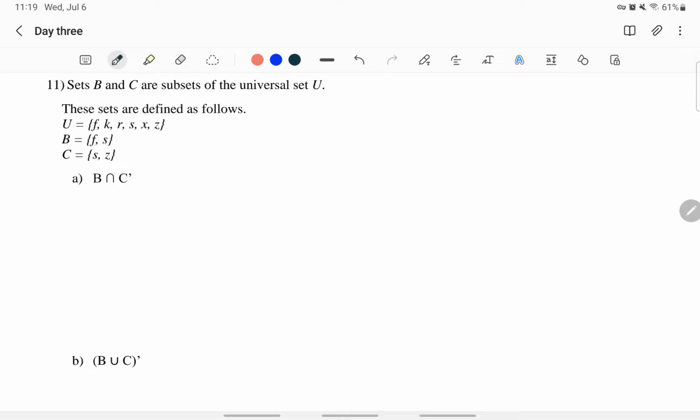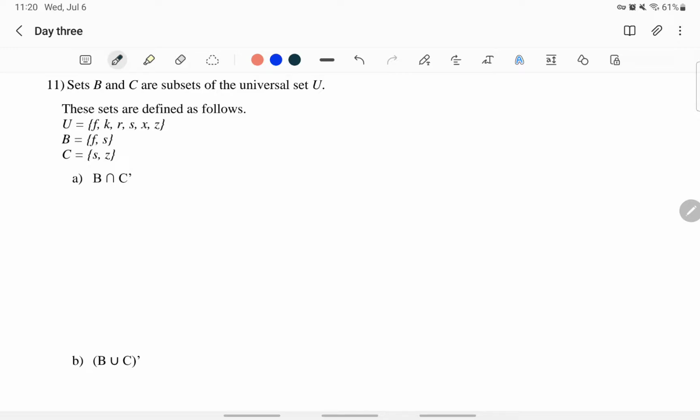The universal set is defined as the set of F, K, R, S, X, and Z. Subset B is defined as F and S, and set C is defined as the set of S and Z. For the first part, we want to find the intersection between B and C complement. And then part B says you want to find the complement of the union between B and C.